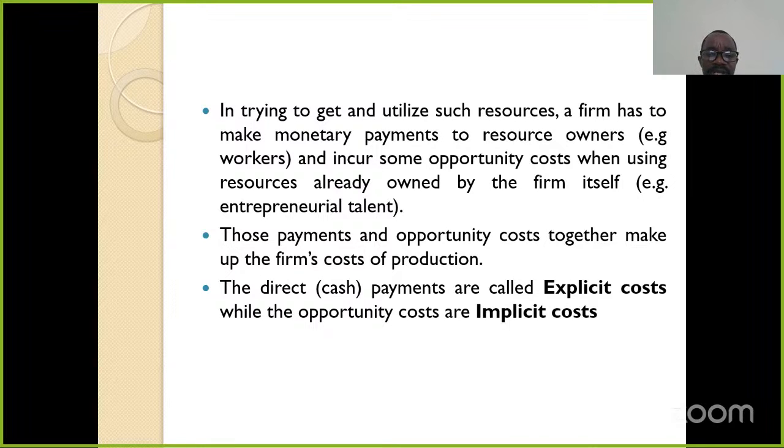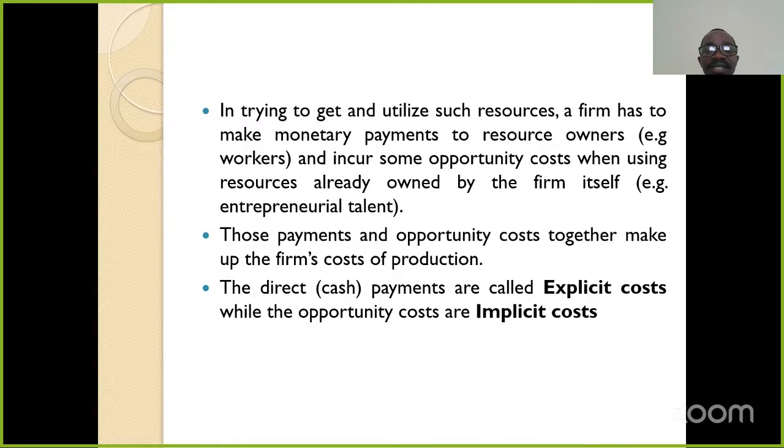When you're talking about explicit costs, we are actually talking about the direct payments that we make towards the resources or the inputs that we are using in our production process. For example, the wages that we pay to our employees, the rentals, whatever we pay directly, that's explicit costs.